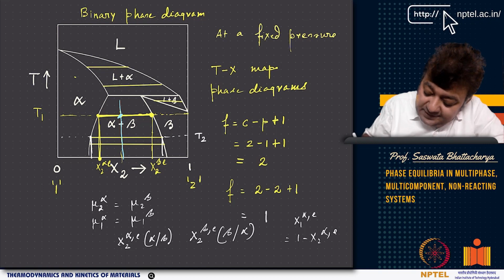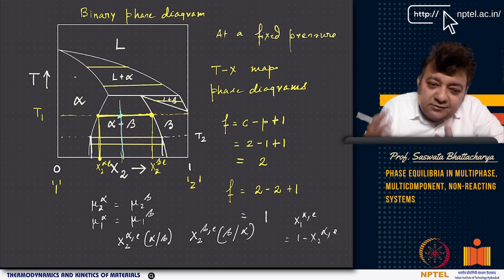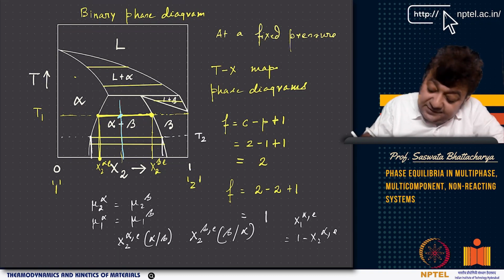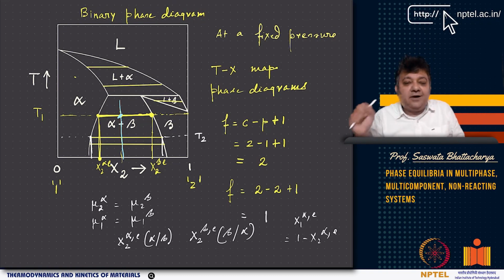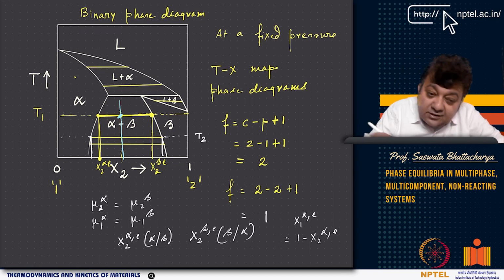Similarly, here you have another tie line in the liquid plus alpha region, where the equilibrium is between alpha and liquid. You often have to solve such a problem when looking at a process where liquid is cooled and solidifies, forming alpha nuclei which grow, and as they grow the composition of the liquid also changes.